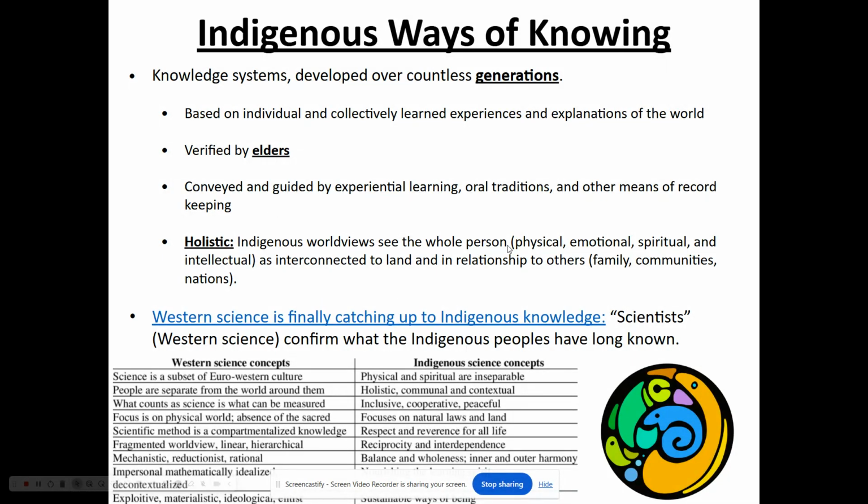Everything is connected. Whereas oftentimes, Western science removes parts of the whole, and it's not a complete understanding of what we're trying to study. So this is a great article here. If you open the PowerPoint up and click on this link, it's called Western Science is Finally Catching Up to Indigenous Knowledge.